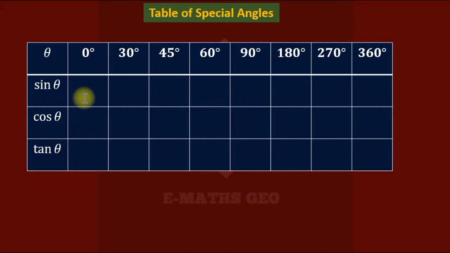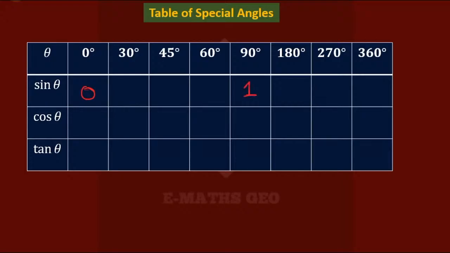See how I do it. The sine of any angle is between minus 1 and 1. The maximum is 1, which is at 90. So for now, we'll go from 0 to 90, with a pattern. Starting from 0, sine 0 is 0, and the maximum is 1.